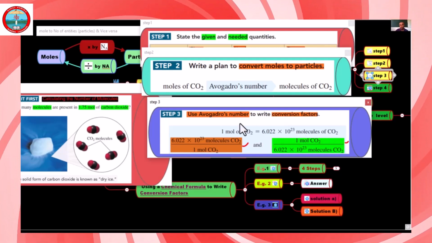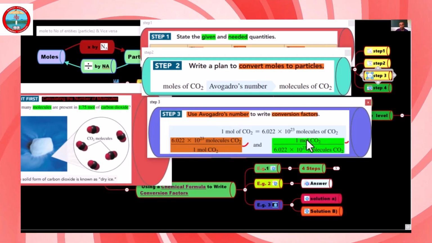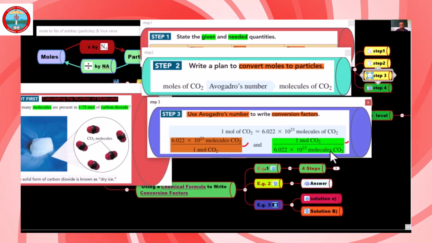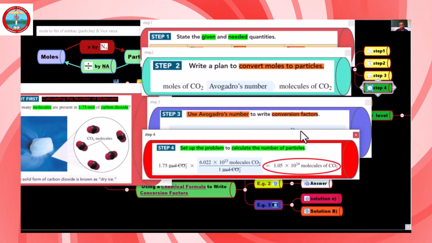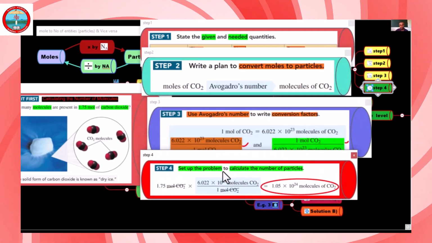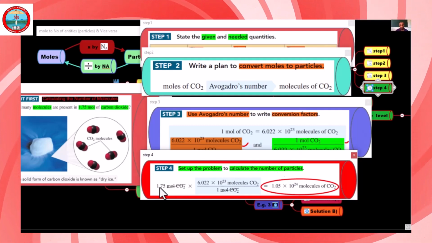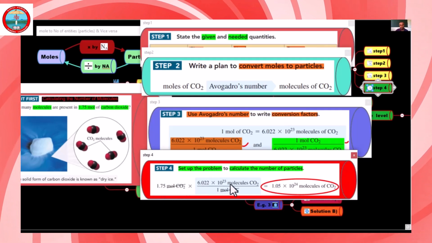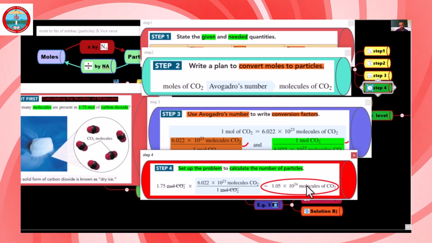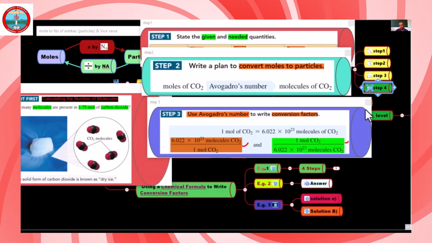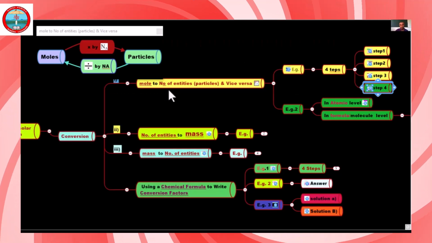So you can use this conversion factor, the Avogadro number over 1 mole of carbon dioxide, or 1 mole of carbon dioxide over the Avogadro number of molecules. And finally, step 4 is to set up the problem to calculate the number of particles. So multiply the given moles of carbon dioxide by the Avogadro number, and we will have 1.05 times 10 raised to positive 24 molecules of carbon dioxide. This is one example of how to convert the given moles into the amount of particles.